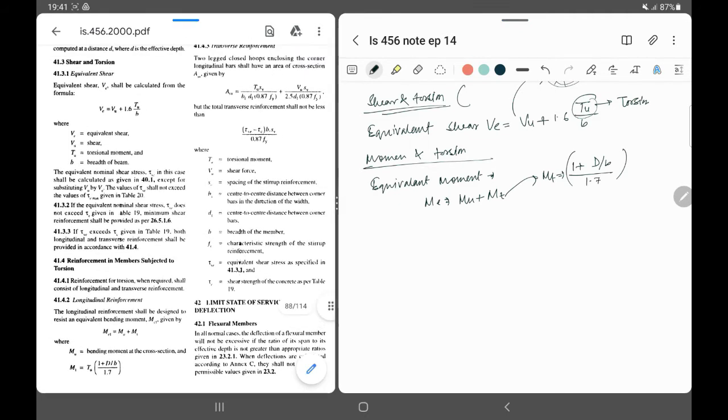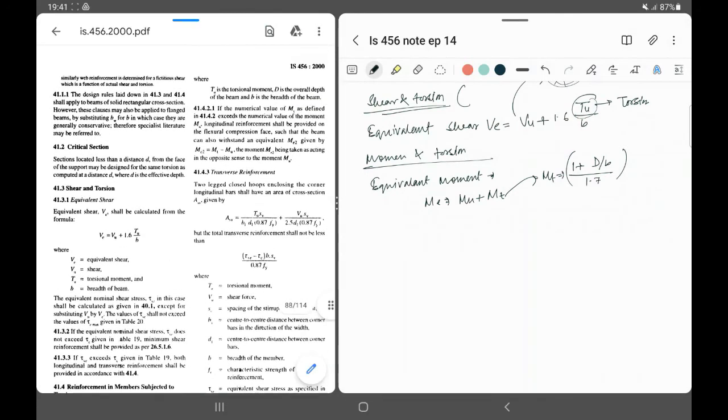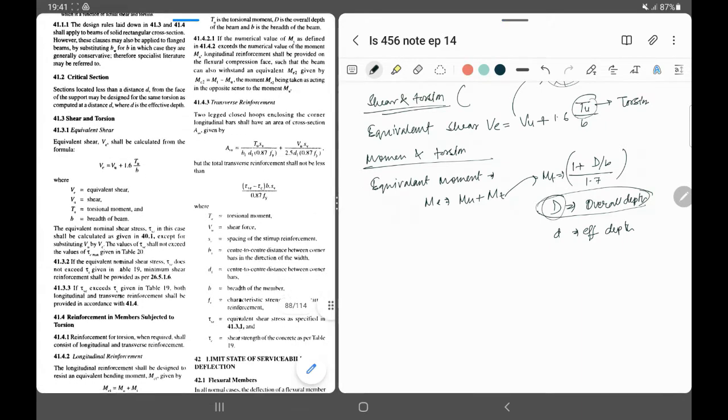And now we have to talk about what is capital D. Capital D is the overall depth. In 95% of places you find small d, that is the effective depth. In 2-3% of places you find the capital D. This is the one significance.